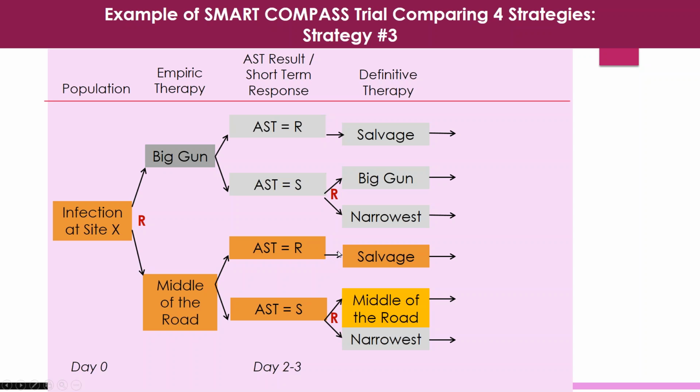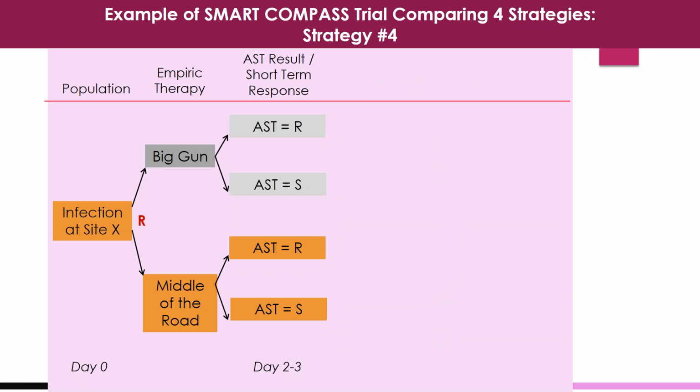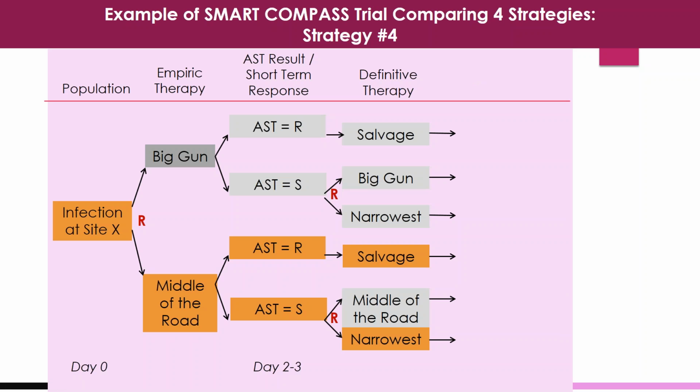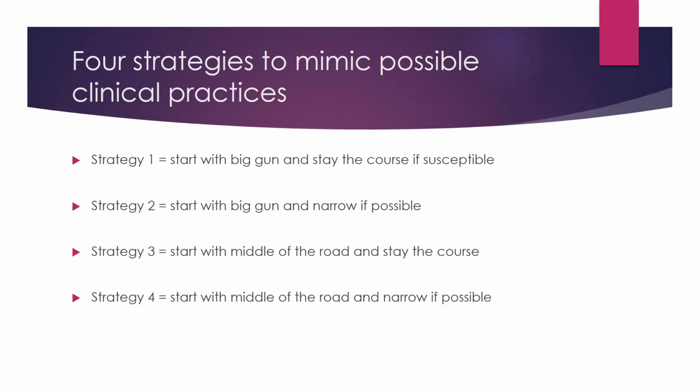And again, even though I haven't illustrated it here, there would also be an opportunity to randomize our salvage options. And the fourth option, as I've mentioned, is that we could start middle of the road and then be randomized down to a narrow option.